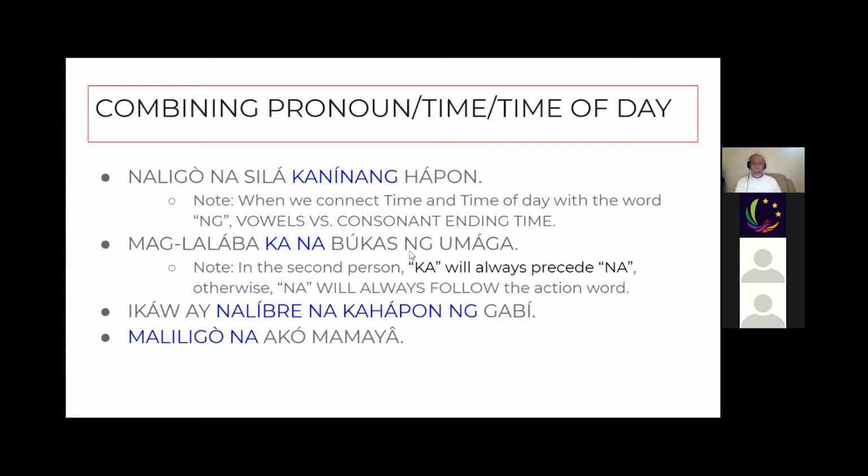"Bukas ng umaga, maglalaba ka na," right? Or "kaninang hapon, naligo na sila." It can be in front or at the back, right? So, again, "maliligo na ako mamaya," right? I will take a bath later, right?